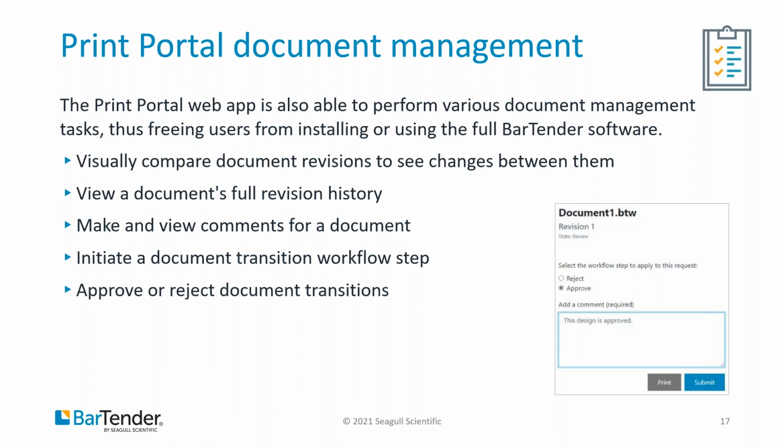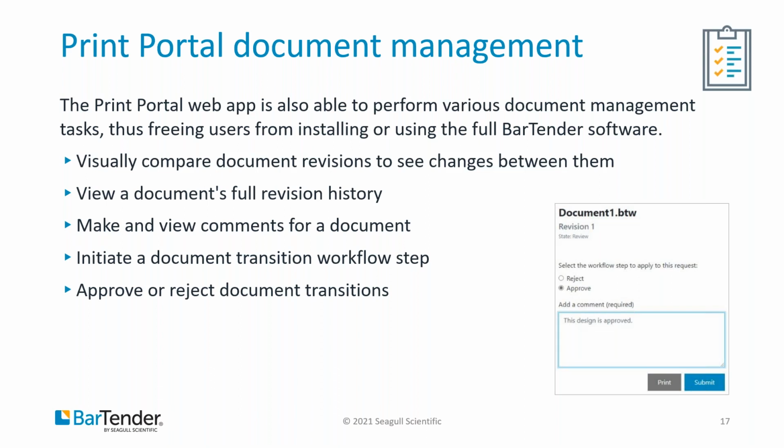They can also view a full history of the document design as it's gone through its design process. They can make additional comments to the document. They can initiate a document transition, which will move the document through its particular workflow to the next step.